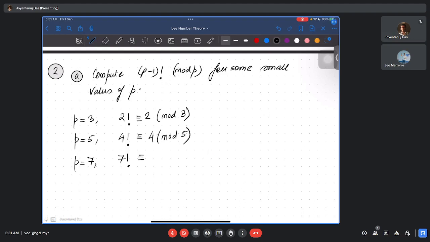7 factorial is 5040, but we need modulo p.